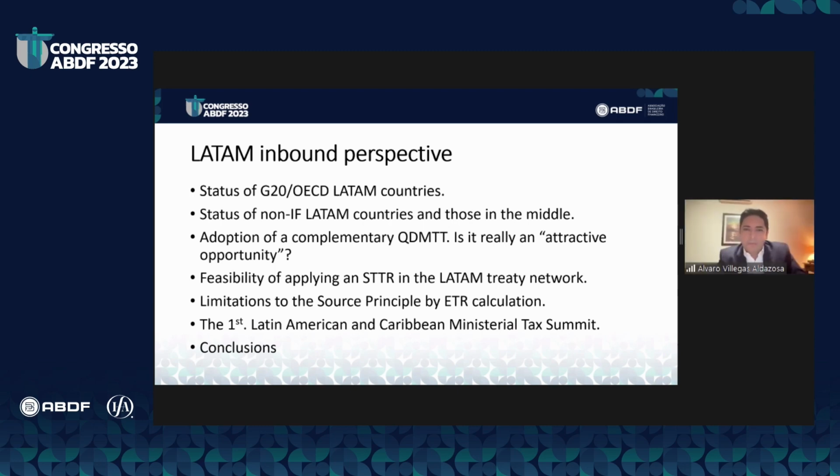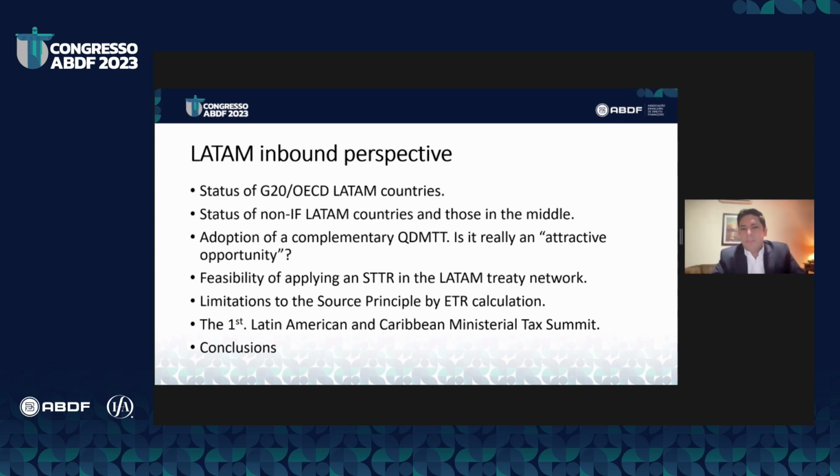That's the point I'm going to address now, because the QDMTT, the ETR and the STTR are the three main interests in Latin America, and the complementary ones. At least that's how I try to make the difference between the original QDMTT and the complementary ones, which make the option more attractive to developing countries, since they have a strong incentive to raise taxes to ensure they capture the revenue.